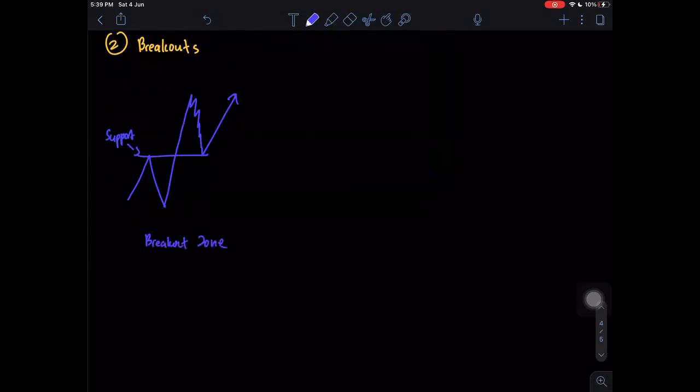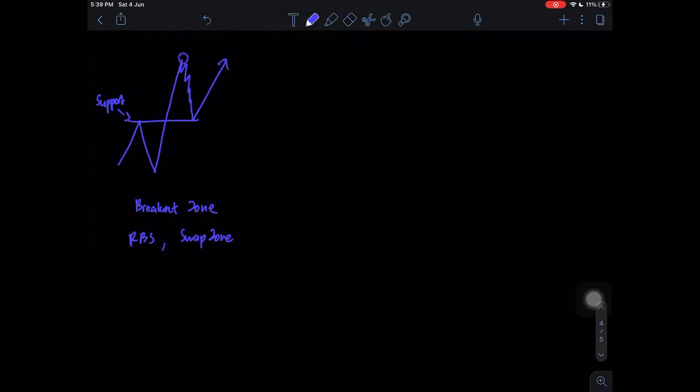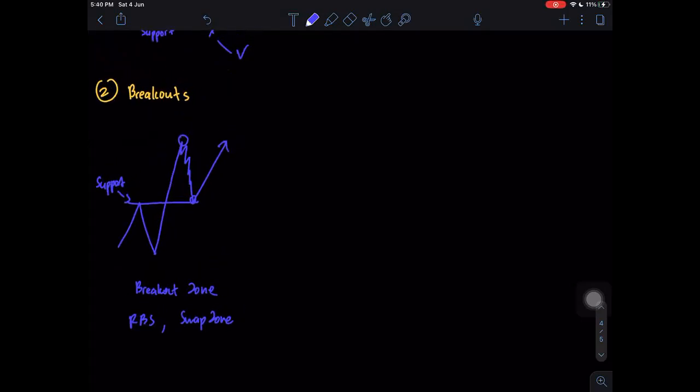There are so many names for this. Some people call it RBS, which is resistance becomes support. And some people call it swap zones, I guess, because they say this is where to sell and this is where to buy. Whatever, so many names. It's called breakouts.